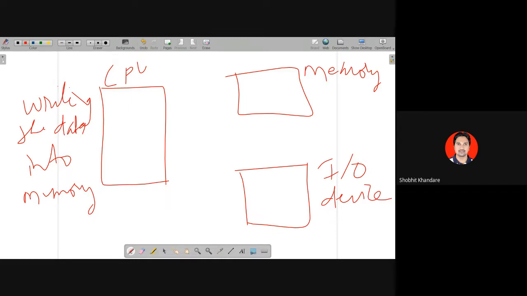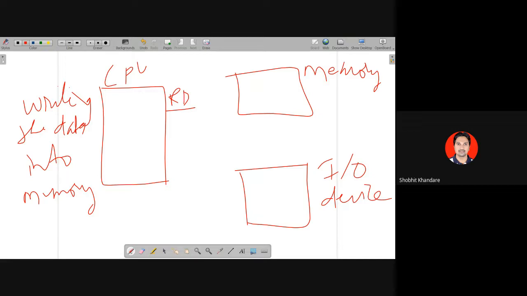I am explaining the steps in general, applicable for memory as well as IO devices. In the example I have taken, if you want to write the data into the memory, the control signals will be activated.